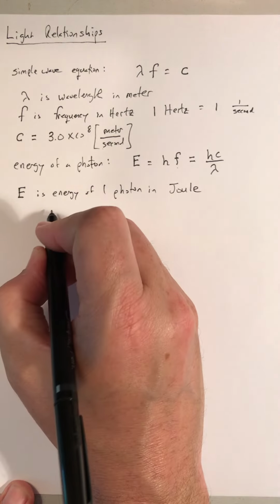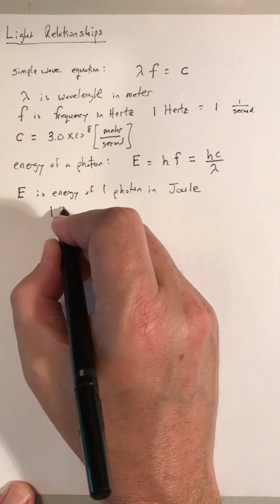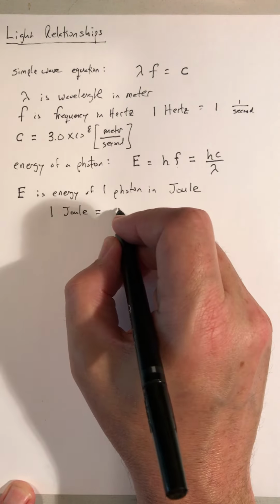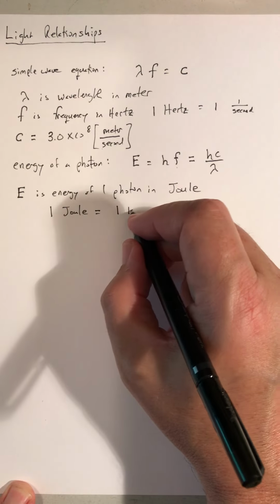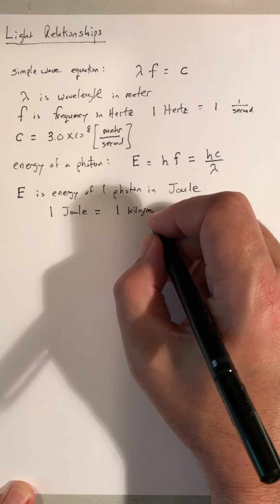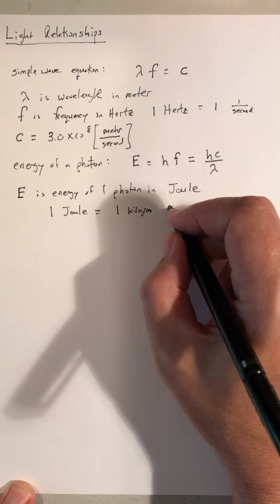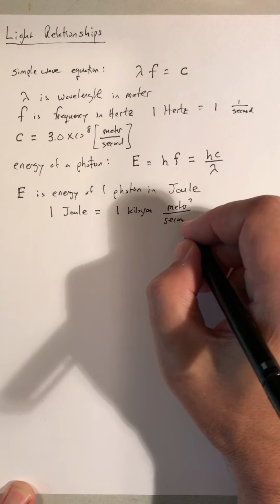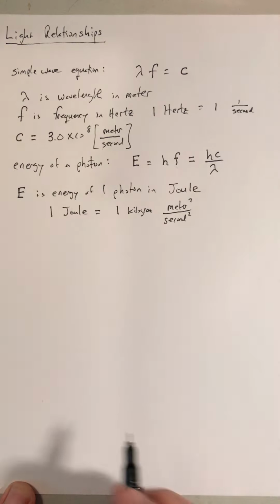Sounds the same, not the same. 1 joule of energy corresponds to an energy of 1 kilogram meter squared per second squared.